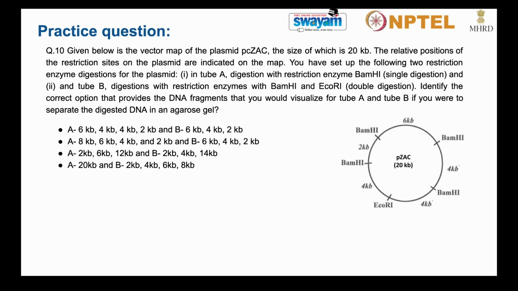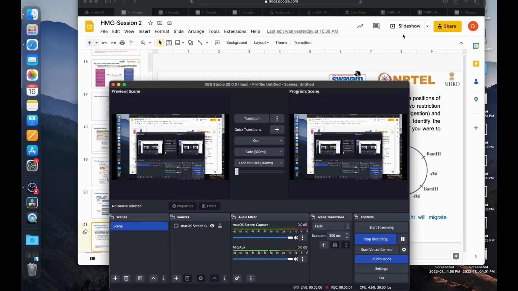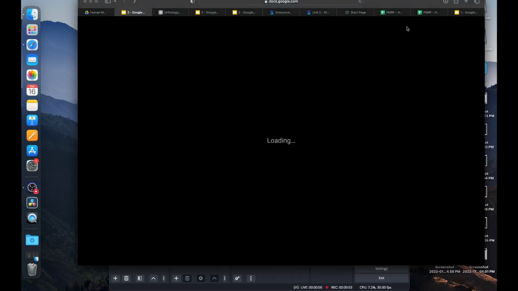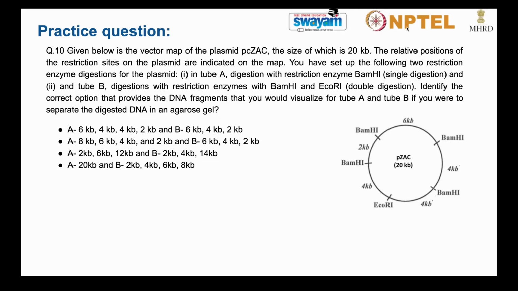Now let's solve a few questions related to this. Now let's move to this question, which says: given below is the vector map of the plasmid PCZAC, the size of which is 20 kb. The relative positions of the restriction sites on the plasmid are indicated on the map. You have to set up the following two restriction enzyme digestions for the plasmid.